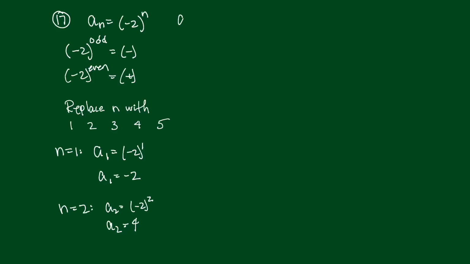So what about a sub 3? A sub 3 is going to be -2 cubed. -2 cubed, that's -8, right? I've got 3 negative signs, so I get -8. All right, and now I've got -2, +4, -8, alternating. N equals 4.